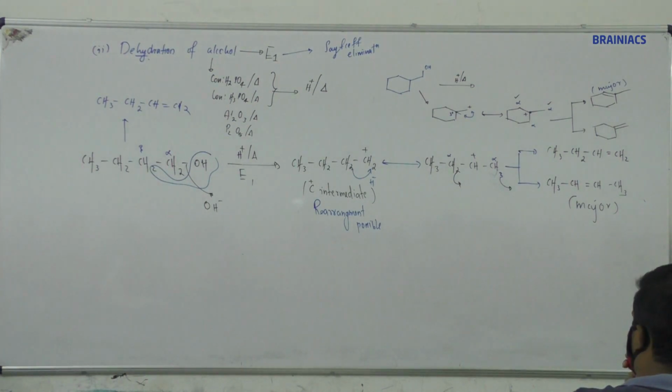Okay, remove the OH minus and bring the carbocation into the more stable form. Then leave a hydrogen from the alpha position and make a double bond. Then compare the stability of the formed alkenes. Then that will be the major one. Okay.